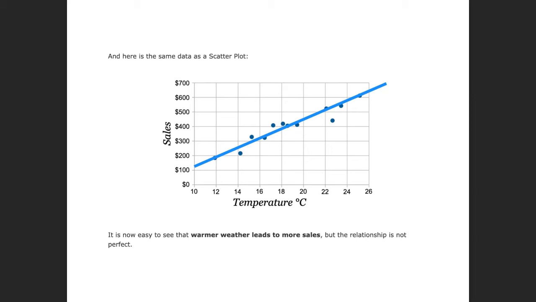So I'm looking at this, and I have like 1, 2, 3 points above. I have like 1, 2, 3 points below. So I think this is a pretty good line of best fit. So if I was going to do a correlation on this, it's definitely positive, right? So I might say 0.9 would be my correlation coefficient.